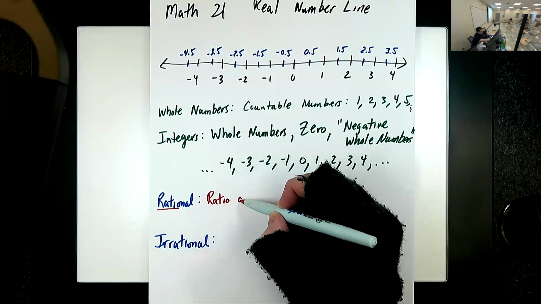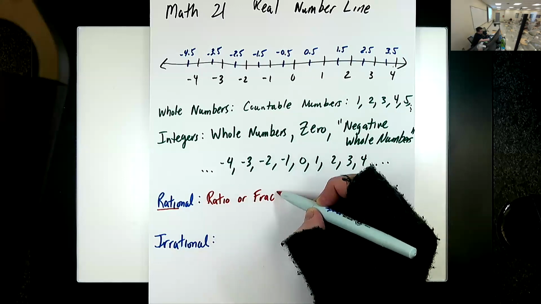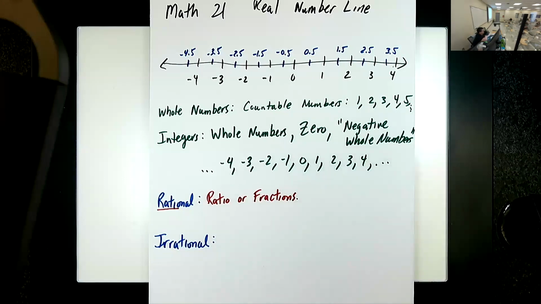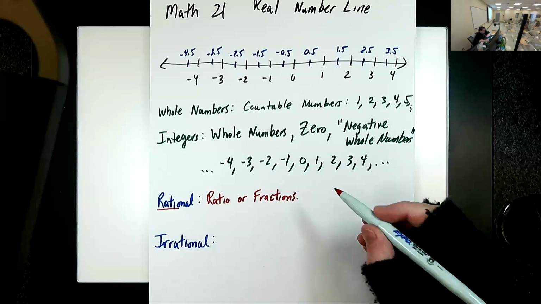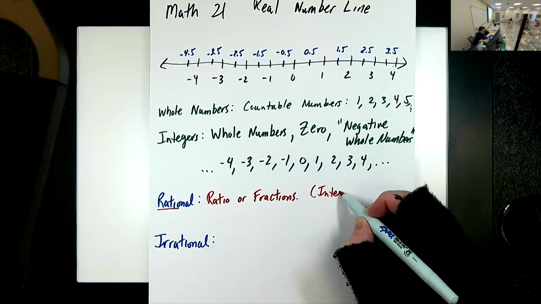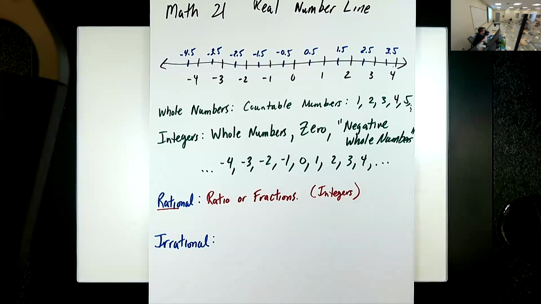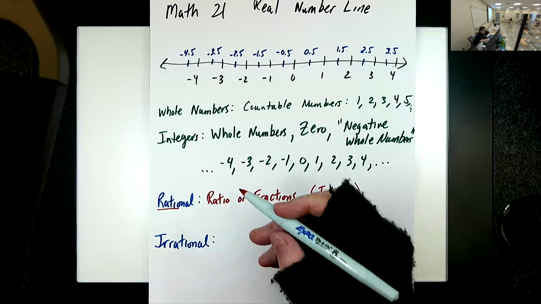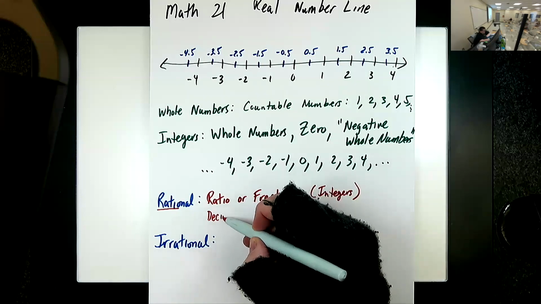Ratio or fractions. Anything that can be written as a fraction. Integers fall in this category. 4 doesn't look like a fraction, but if I say 4 over 1, now it looks like a fraction, and it's the same thing. So 4 over 1, rational numbers are fractions. It also includes decimals that can be written as fractions.